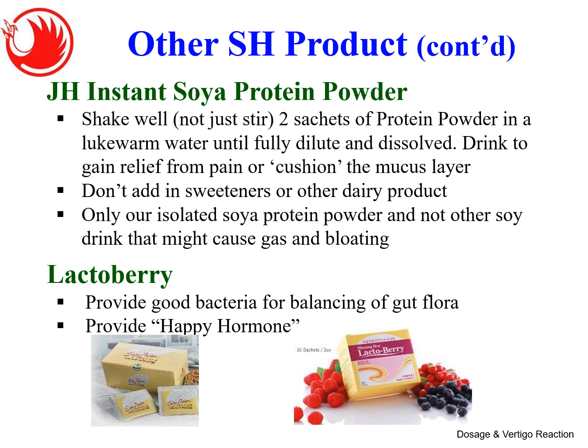Next will be the lactoberry product. This lactoberry is a probiotic product that provides good bacteria for balancing our gut flora, because the gut flora helps us digest and absorb the food we eat.